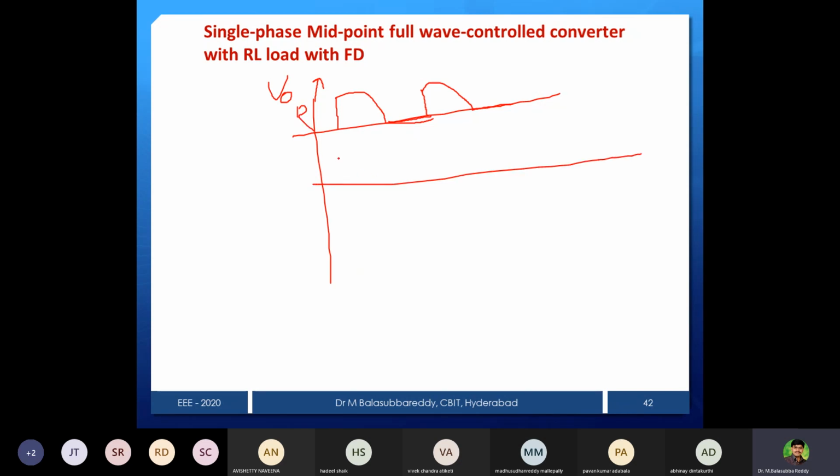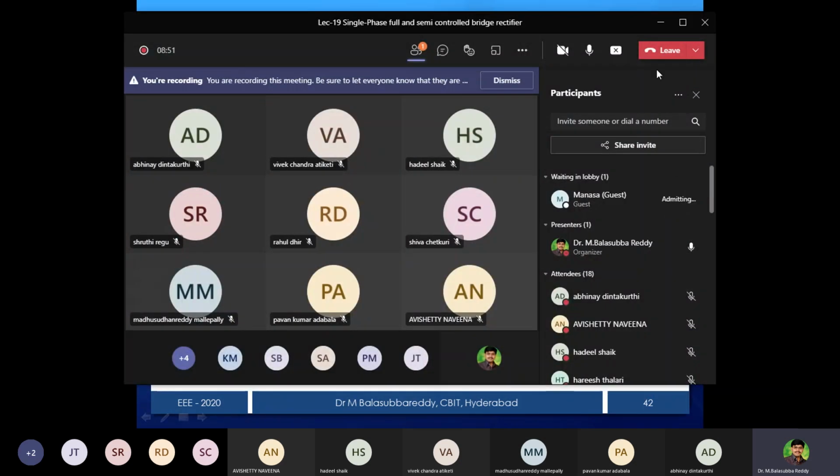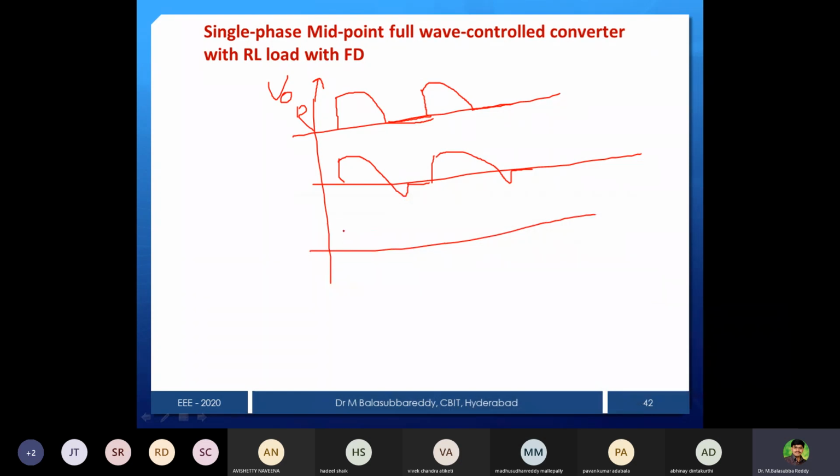Similarly, for RL load, we notice a difference. This one is a discontinuous mode of operation. The next cycle is going to be repeated, and then another one is a continuous mode of operation, where it will continue to conduct and so on.